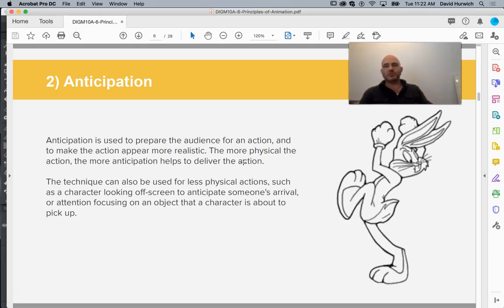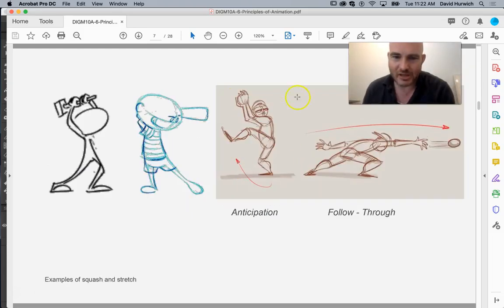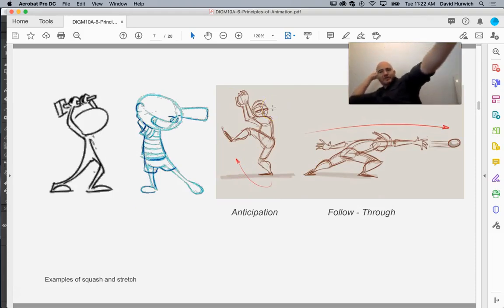Anticipation is when you pose your character in a way that lets the audience know what they're about to do. It sort of preps or primes the audience. So if my character was going to run, rather than just running, you do the old wind-up, and then you run in the other direction. Think about someone throwing a baseball, you wind up really far.